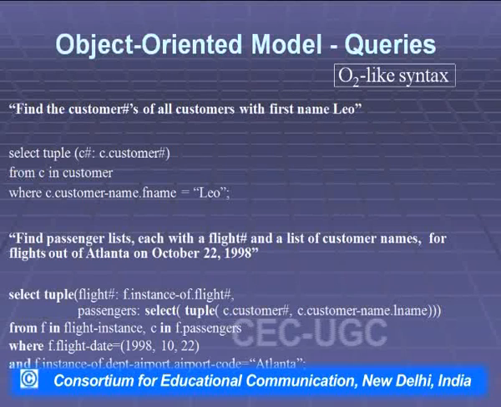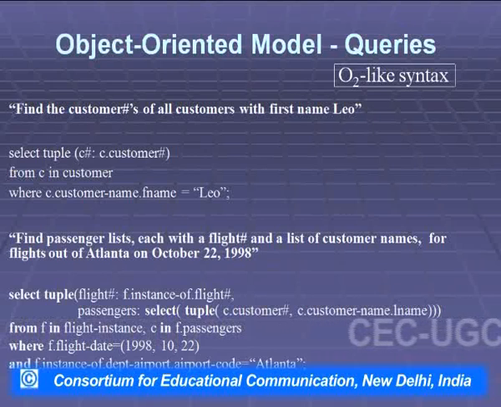Object-oriented model queries. Query 2, like syntax again: find the customers of all customers with the name Leo. Select tuple customers from C in customer where C customer name is Leo. Find the passenger list, each with the flight and a list of customer names, from flights out of Atlanta on October some dates.